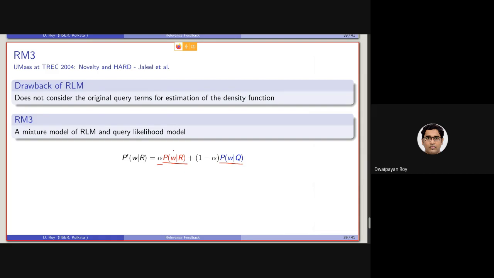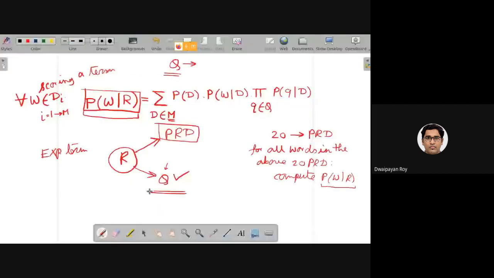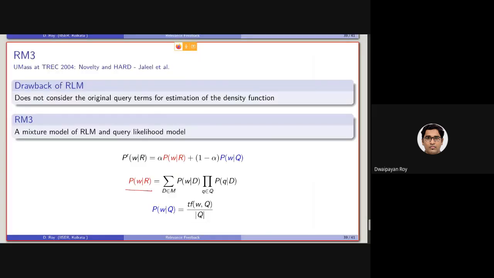So what is the probability that the word is being generated from the relevance model, and what is the probability that the word is actually a query term? This is a linear combination between these two. Here P(W|R) is the RM1 model, and this is the MLE of the word given the query.